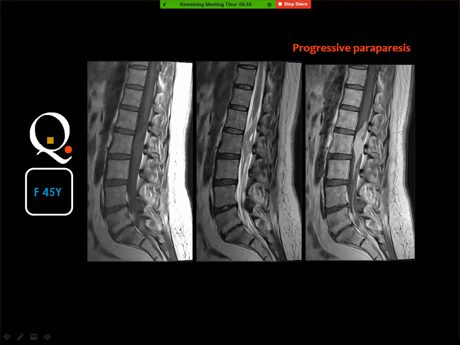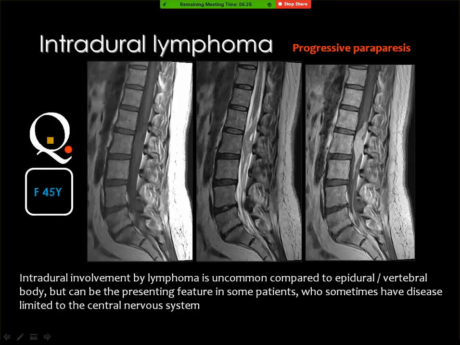Yes, it may represent a neurofibroma or a filum ependymoma, and this case has proven to be an intradural lymphoma. Intradural lymphoma is rare and is not included in the differential diagnosis, but you may remember that it is not common. I mean that you should not mention lymphoma whenever you see an intradural lesion, but you should say meningioma, neurofibroma, schwannoma, metastasis, filum ependymoma.